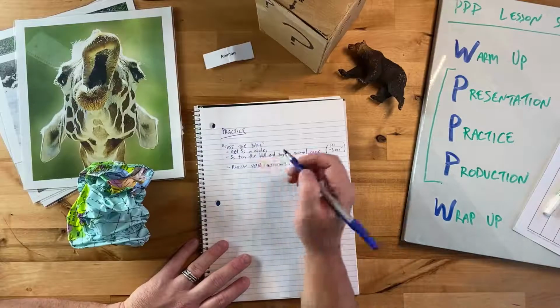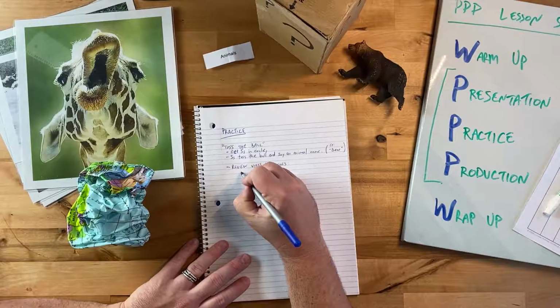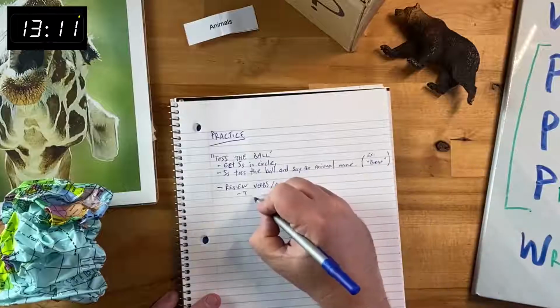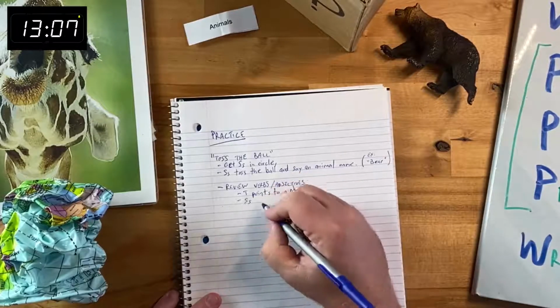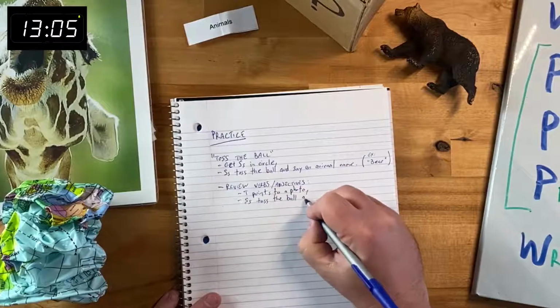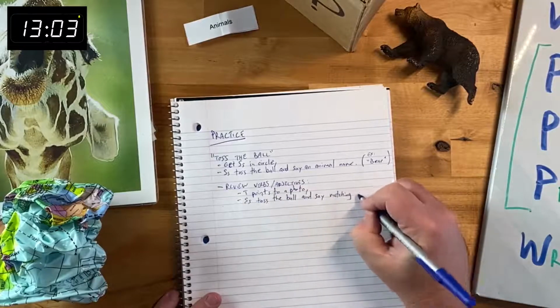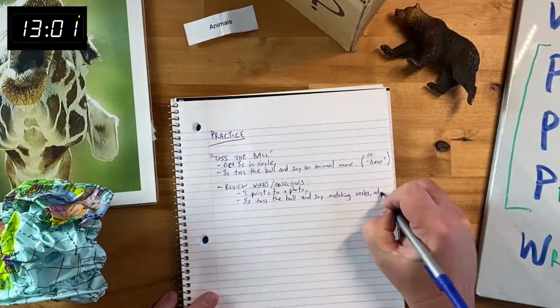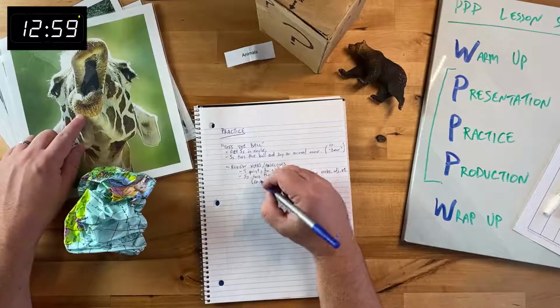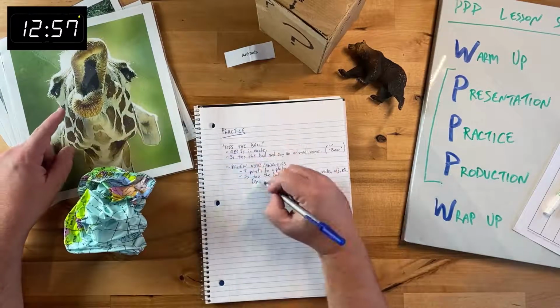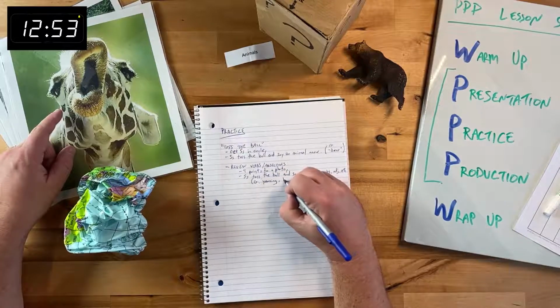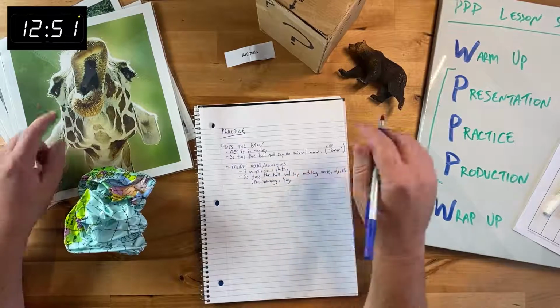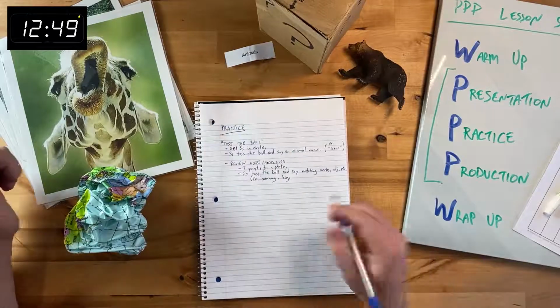So for this modification of this toss the ball activity, the teacher will point to an animal photo and the students will toss the ball to each other and say matching verbs and adjectives, etc. So they could say things like yawning for a verb, big for an adjective, or 2 ears.